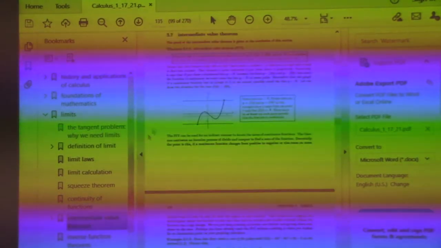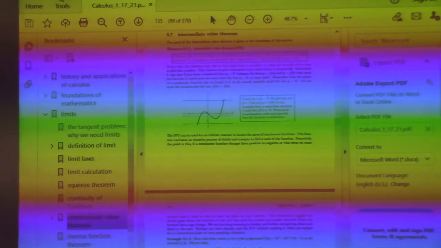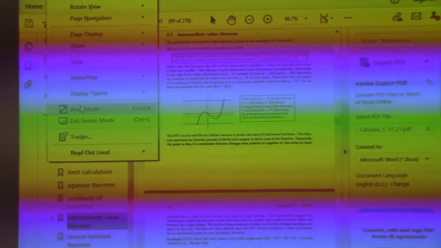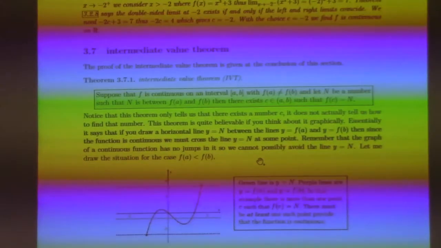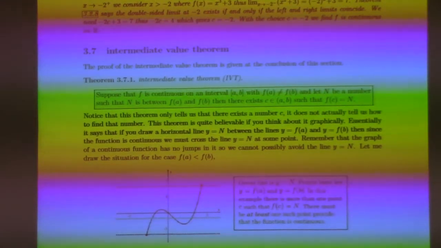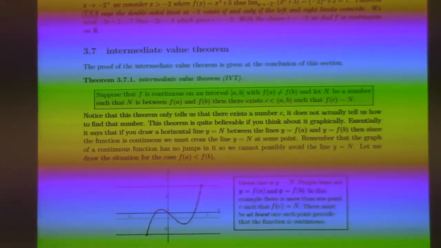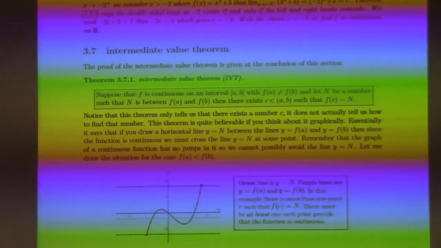The intermediate value theorem is what I wanted to talk about. Just a reminder, it says that if we have a function that's continuous on an interval a to b, and f of a is not equal to f of b, if n is a number between f of a and f of b, then there exists some c between a and b such that f of c is equal to n.